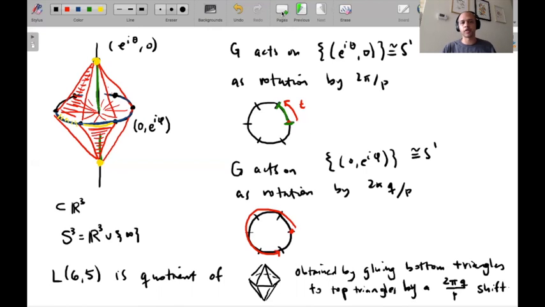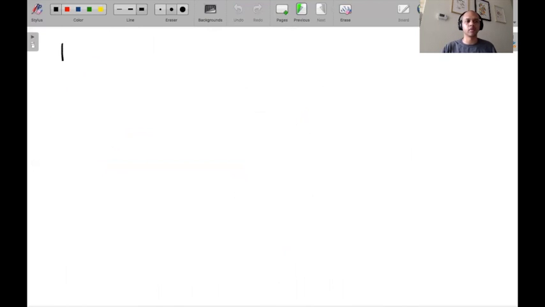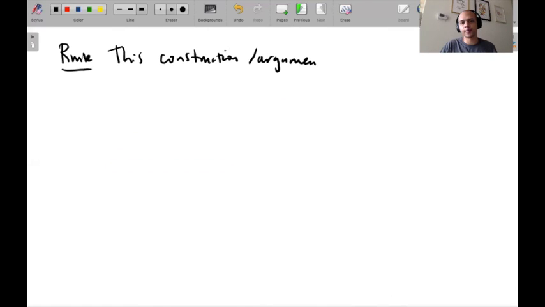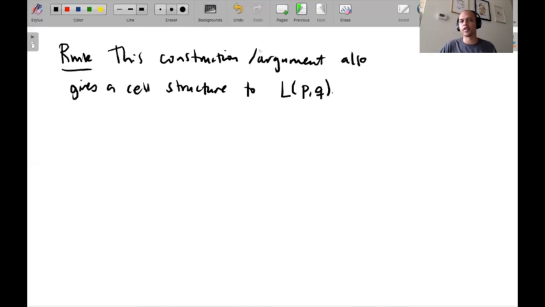And let me also remark, this construction or argument also gives a cell structure to L(p,q), or in general, this same type of argument works. Okay.